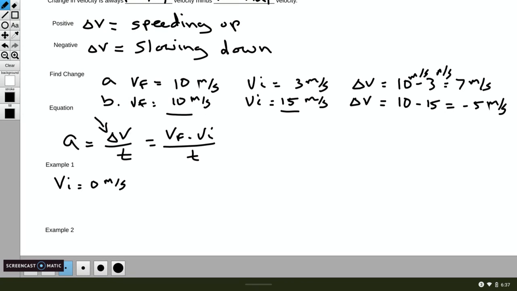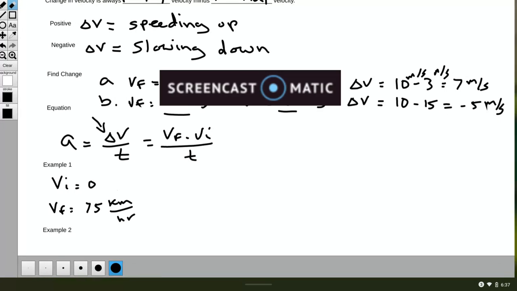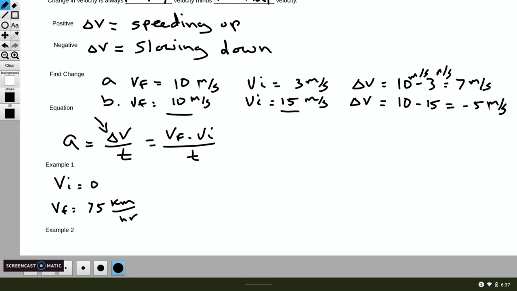The final velocity, how fast we ended up going, is 75 kilometers per hour. I should keep my units the same. So that's 0 kilometers per hour. And the time it took was 10 seconds.